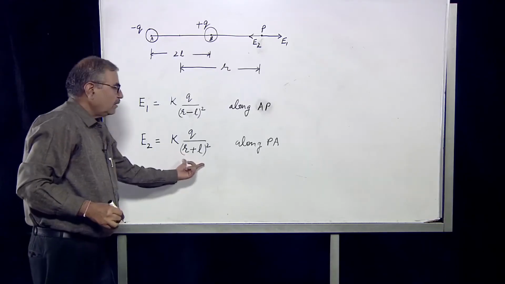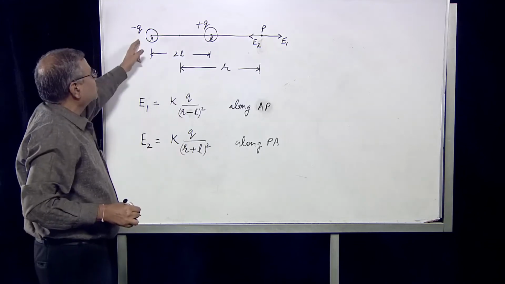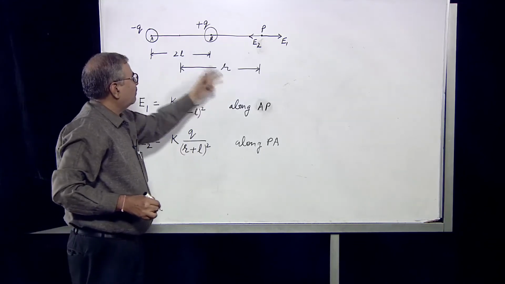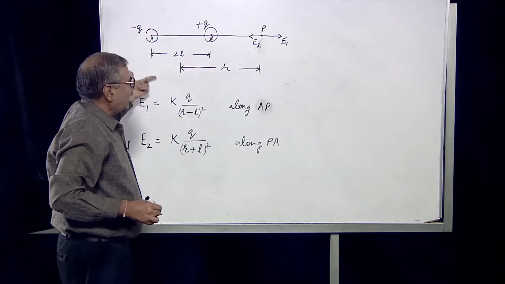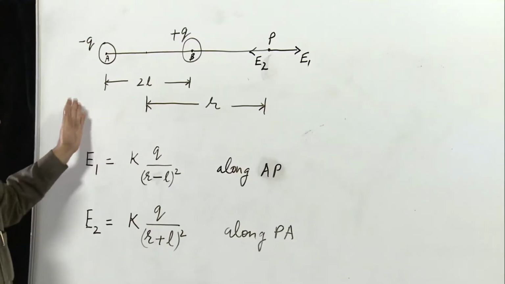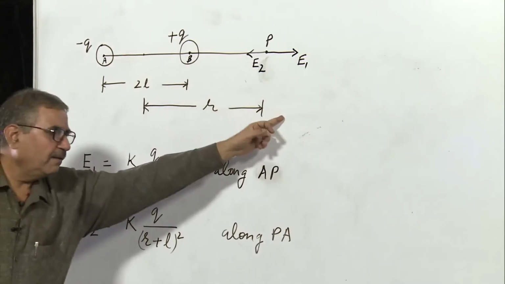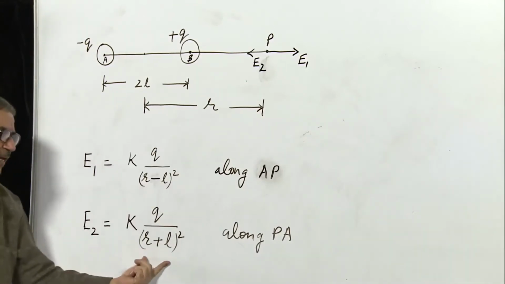Why is it R plus L whole square? We are taking the negative charge. This distance is R. So, L has to be added to it. So, then it will become the distance between minus Q and P. So, we have taken R plus L here.